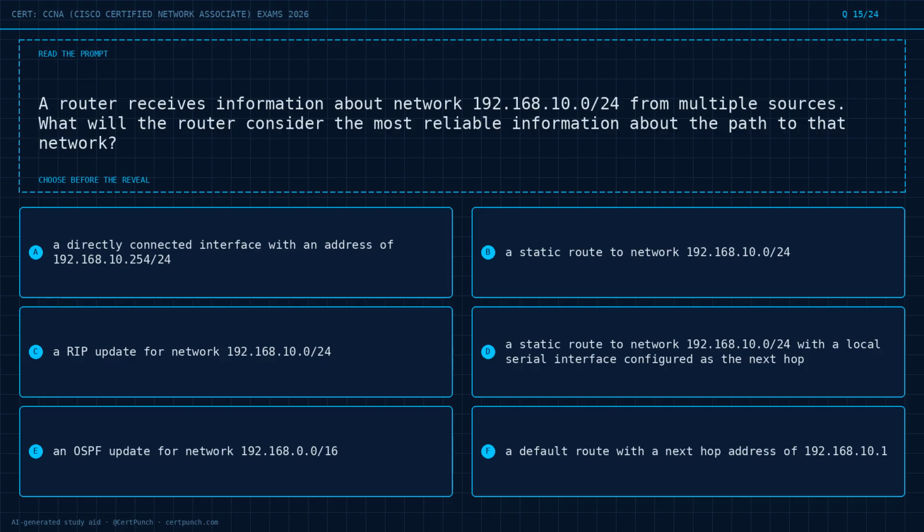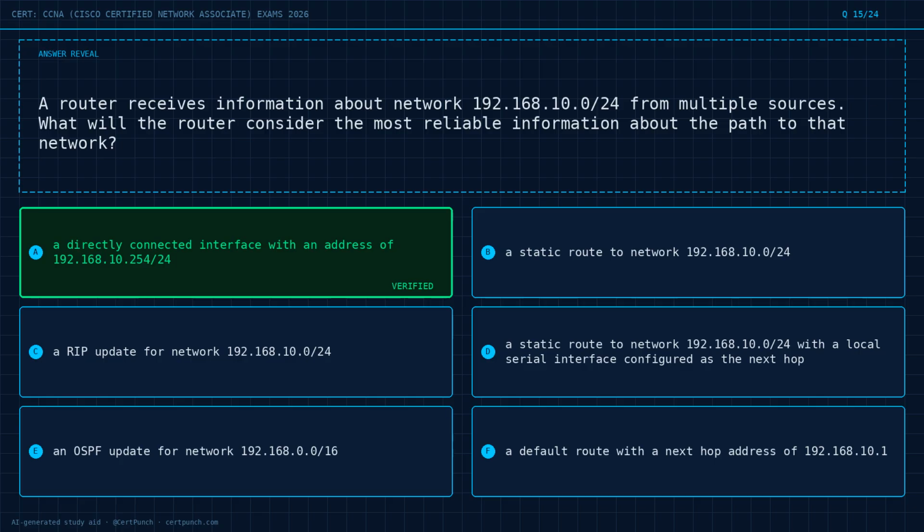Option D, a static route to the IP range with a local serial interface configured as the next hop. Option E, an OSPF update for the IP range. Option F, a default route with a next hop address of the IP address shown on screen. Decide on the strongest option before the reveal. Stay with your gut.